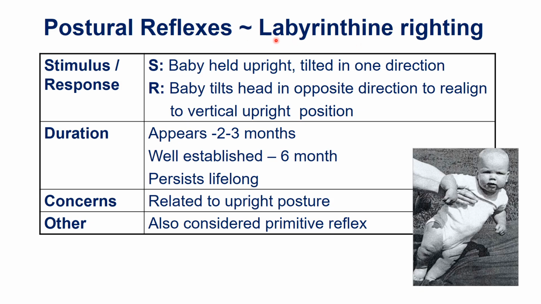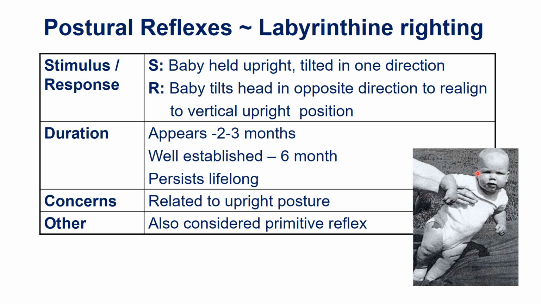Another postural reflex is labyrinthine righting. In this case, the stimulus is that the baby is held upright and tilted in one direction. If you hold the baby upright and tilt the baby to one side, then the baby will tilt the head to the opposite side, trying to bring the head to the midline. So the baby tilts the head in the opposite direction to realign to a vertical upright position.